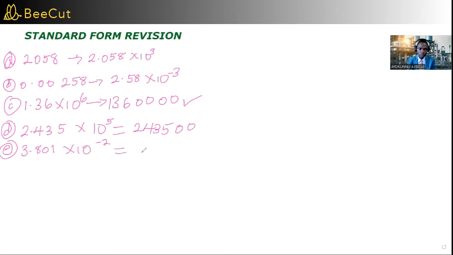So the moment you see minus 2, it simply means you are introducing 2 zeros before the first number, and that is going to be 0.03801. So that if you want to change it back to standard form, it's going to be 3.801. Then you're going to say raised to power minus 2 because of the counting to the right 2 steps. Now over to you.